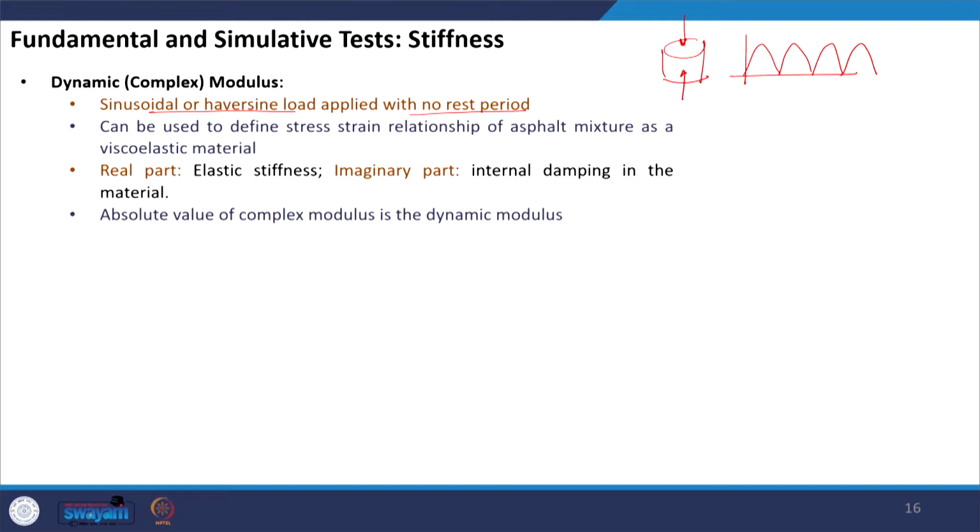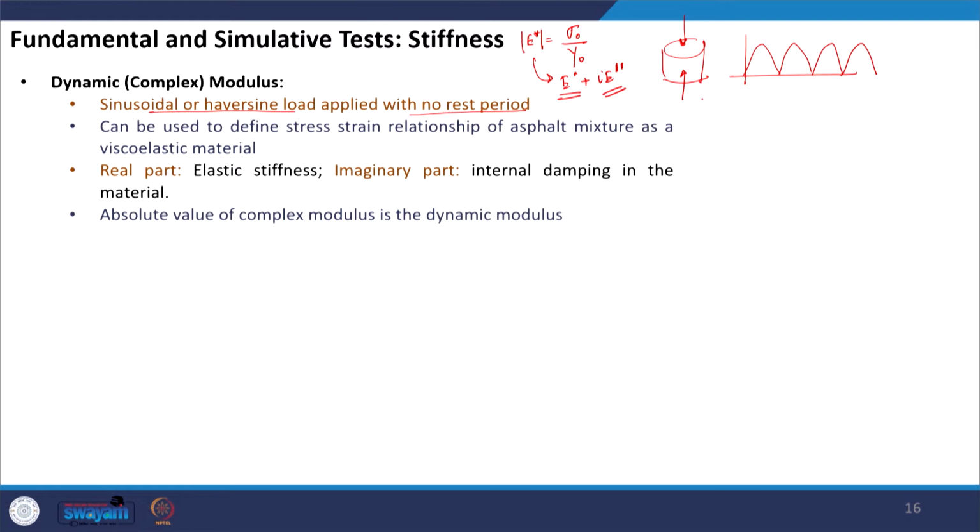When we talked about the properties of bitumen, same goes with the bituminous mixture, which is also a viscoelastic material. So, the magnitude of E star is basically sigma naught by gamma naught, the magnitude of stress versus strain, but E star is composed of E dash plus i E double dash, where the real part is the elastic stiffness and the imaginary part is the internal damping of the material.